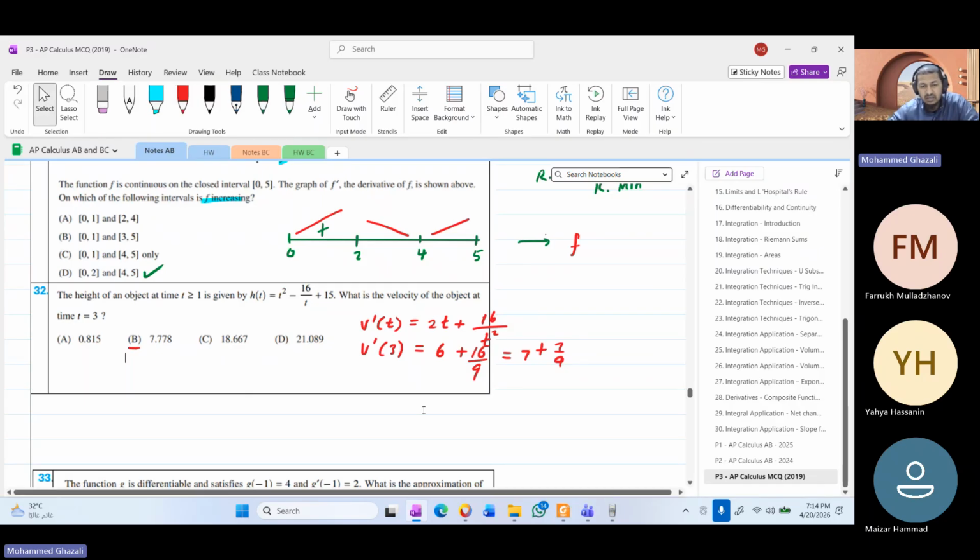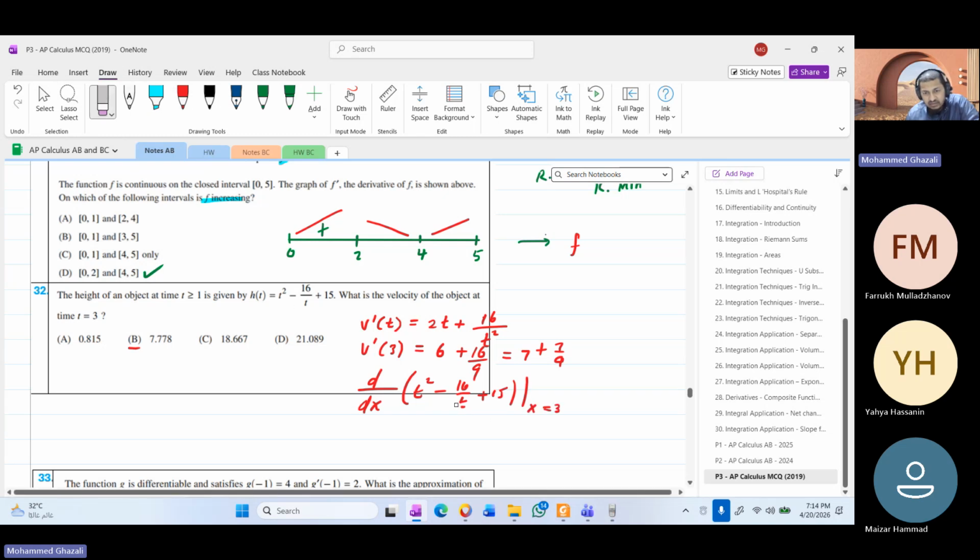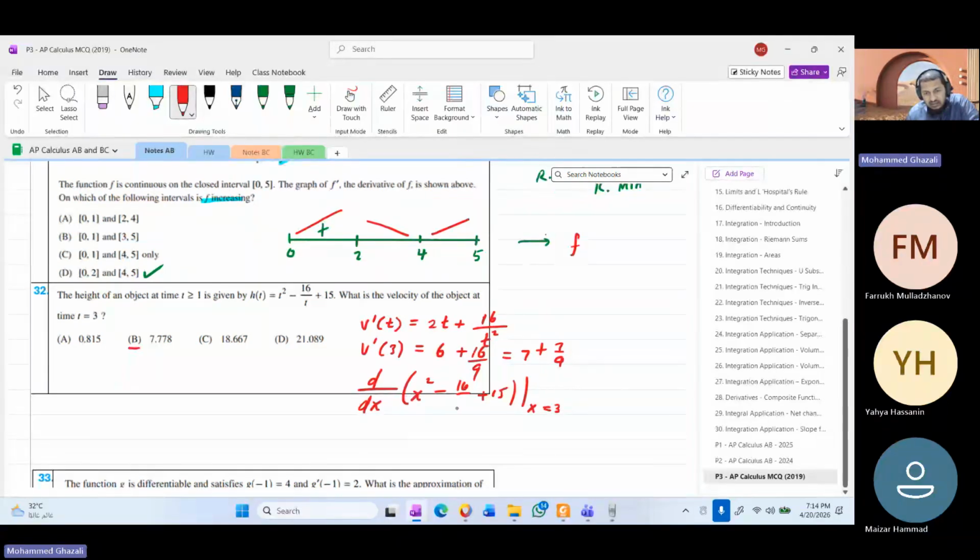Okay, you can try it out on the calculator. How will you write it on the calculator? You obtain the derivative, d/dx of this function evaluated at 3: t squared minus 16 over t plus 15, evaluated at x equal to 3. Change the variables to x, right? You can put it onto the calculator just like this, and you can get the answer.